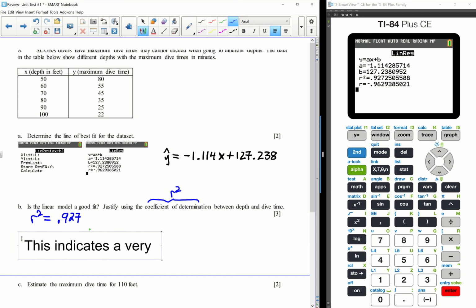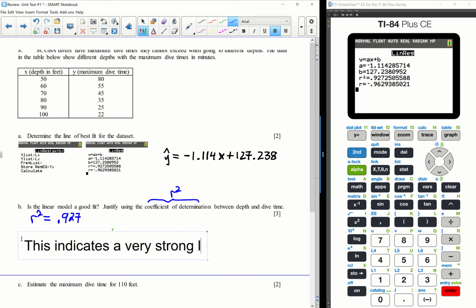It could be very, very strong. Very strong is good enough though. If it was like 0.99, I'd be in the very, very, right? Actually 0.95 or better is more like the very, very. 0.99 is your damn near. That's damn near perfect, you know?